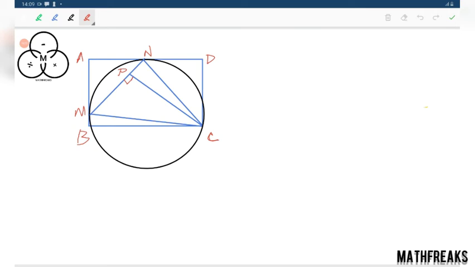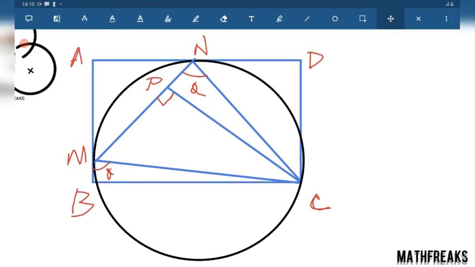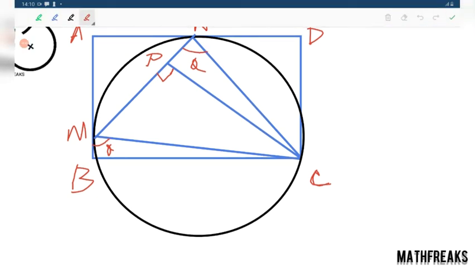Using the alternate tangent theorem, this angle is theta, so this angle is also theta. Again, if this angle is alpha, this angle will also be alpha.